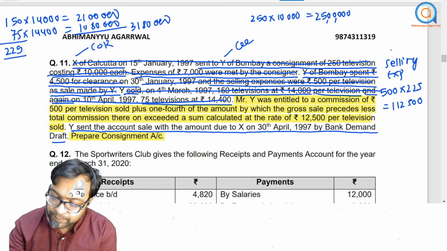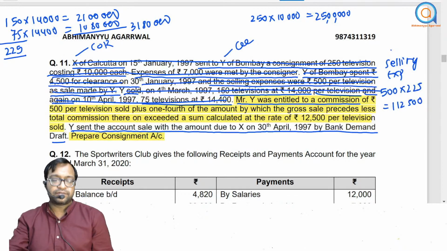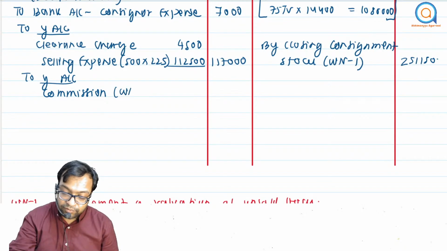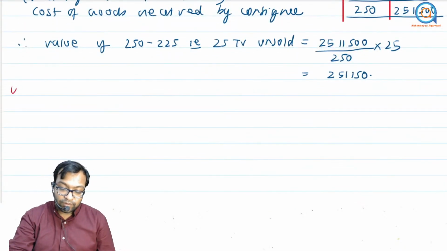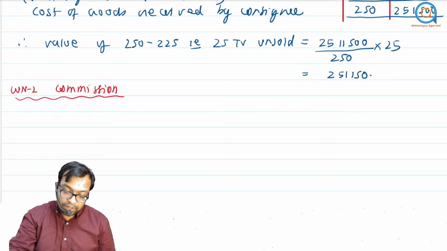Dekho, what I am saying. Y was entitled to a commission. So they are talking about commission. So commission ke liye I am doing working note number 2. This working note is for commission. So I am finding commission.